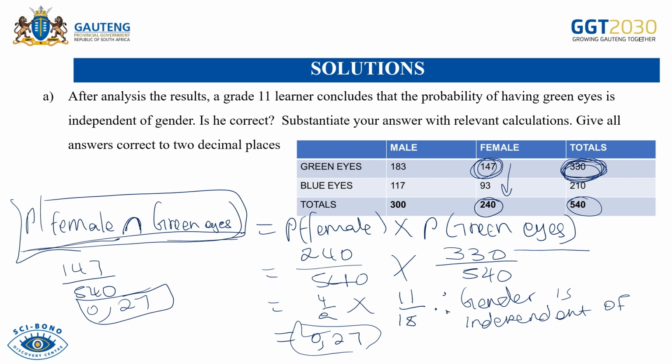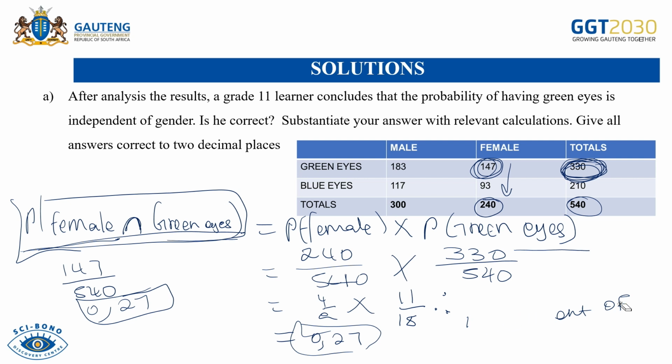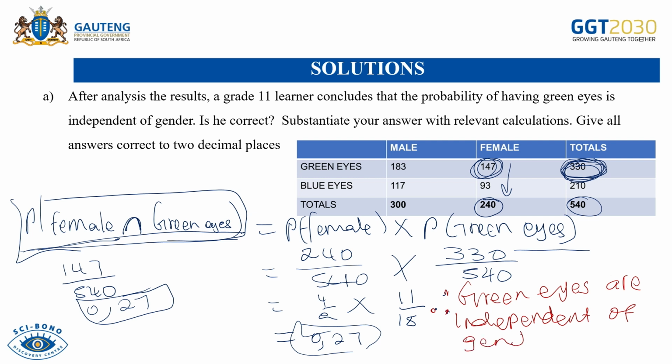So the green eyes are independent of gender. We have used calculations to make our conclusions. So you can give yourself a mark here, a mark there, and a mark there, and also a mark here and a mark here.